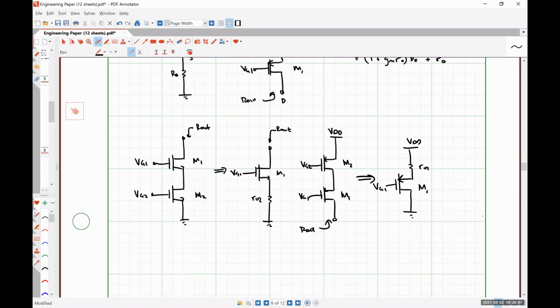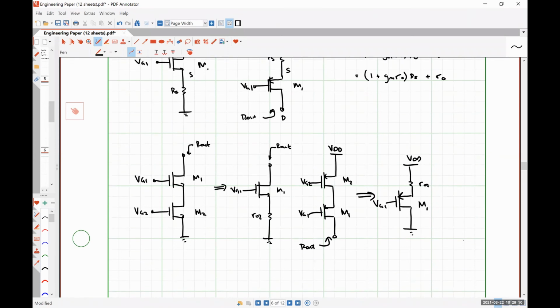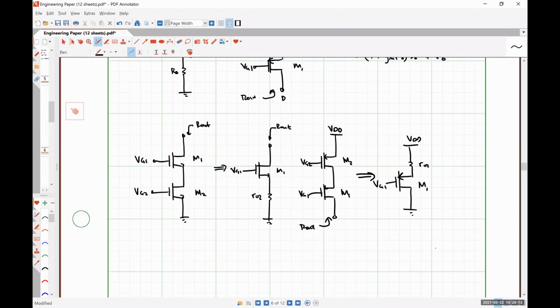And just by replacing RS with r02, we find that our output resistance, Rout, looks like r01 + r02 + gm1·r01·r02, which is approximately gm1·r01·r02 when gm1·r01·r02 is greater than r01 and r02.